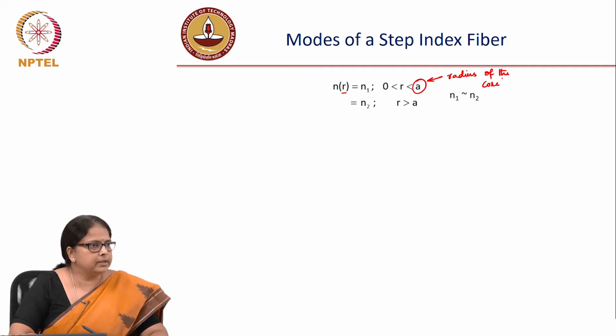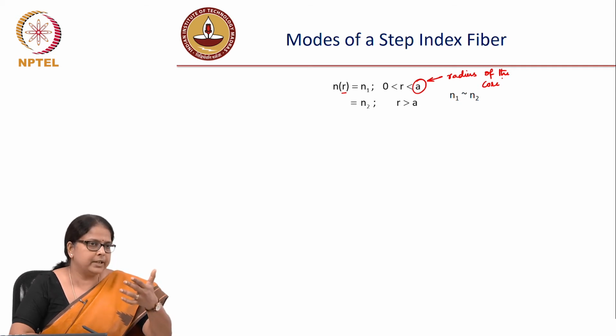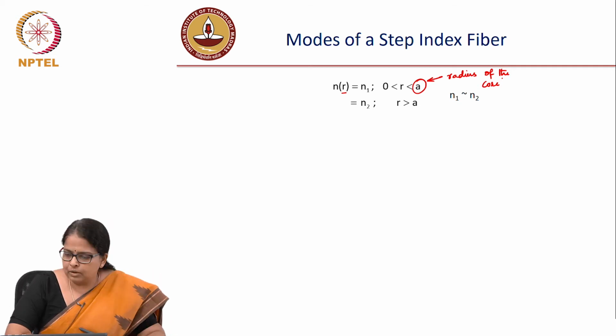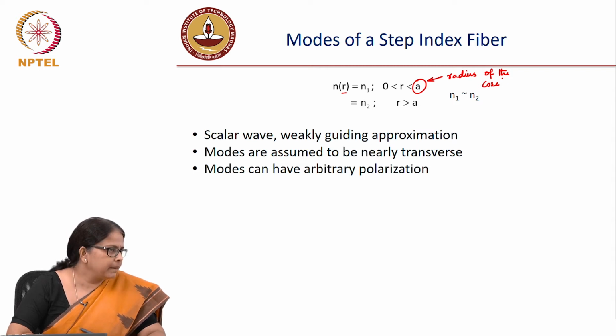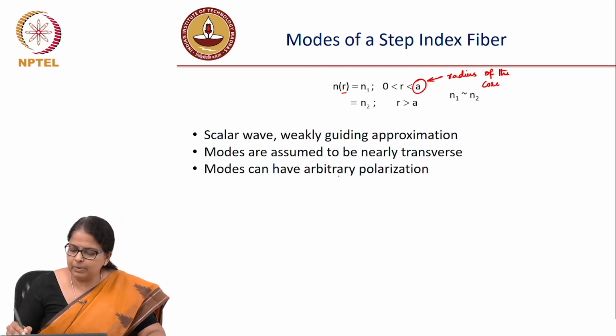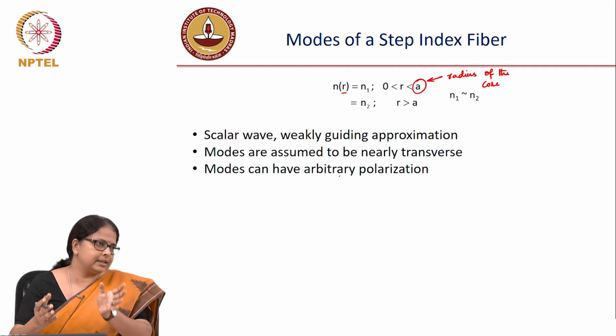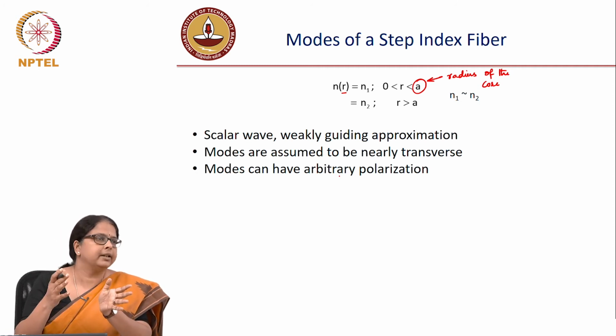There are a lot of equations that we are going to be writing. So, you can probably pay attention to how these equations evolve. The other approximation that we are using is that it is a scalar wave, meaning we are not solving for different polarizations. This is single polarization, which means that my answer is not dependent on which polarization I launched.